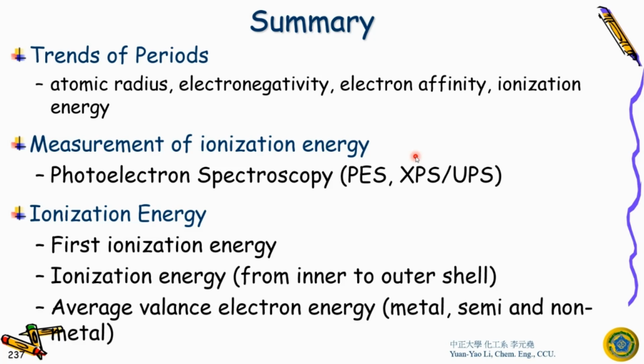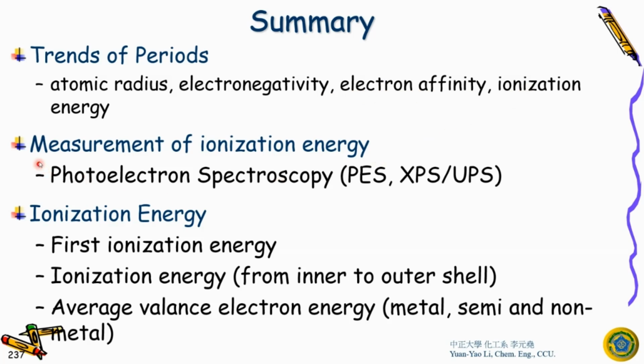We learned today and on Wednesday the trends of periods in the periodic table. There are 4 terms you want to know. The first one is atomic radius, the second one is electronegativity, the third one is electron affinity, and the fourth one is ionization energy.